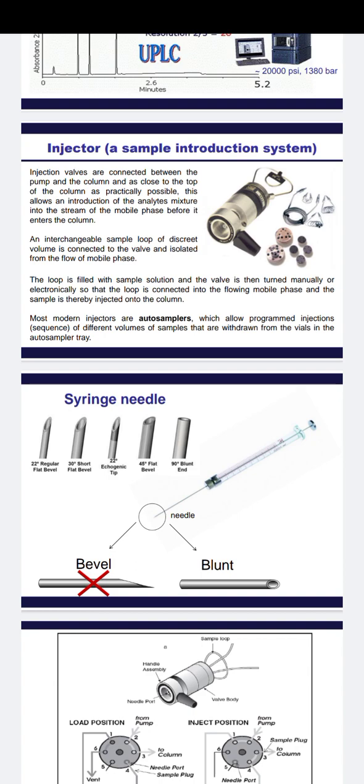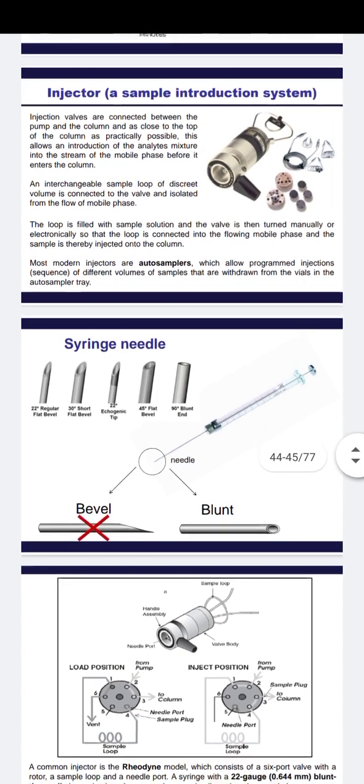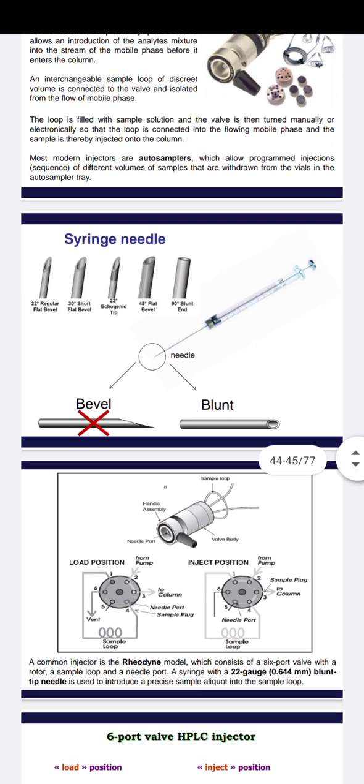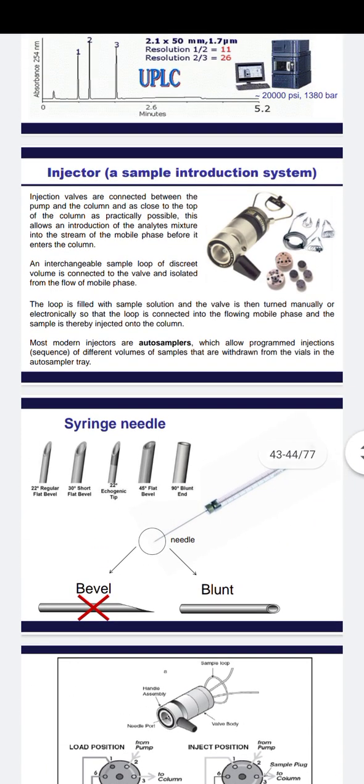The loop is filled with sample solution and the valve is then turned manually or electronically so that the loop is connected into the flowing mobile phase. Most modern injectors are autosamplers which allow programmed injections of different volumes of samples that are withdrawn from the vials in the autosampler tray. So these are some syringe needles which are going to be used for the injector.